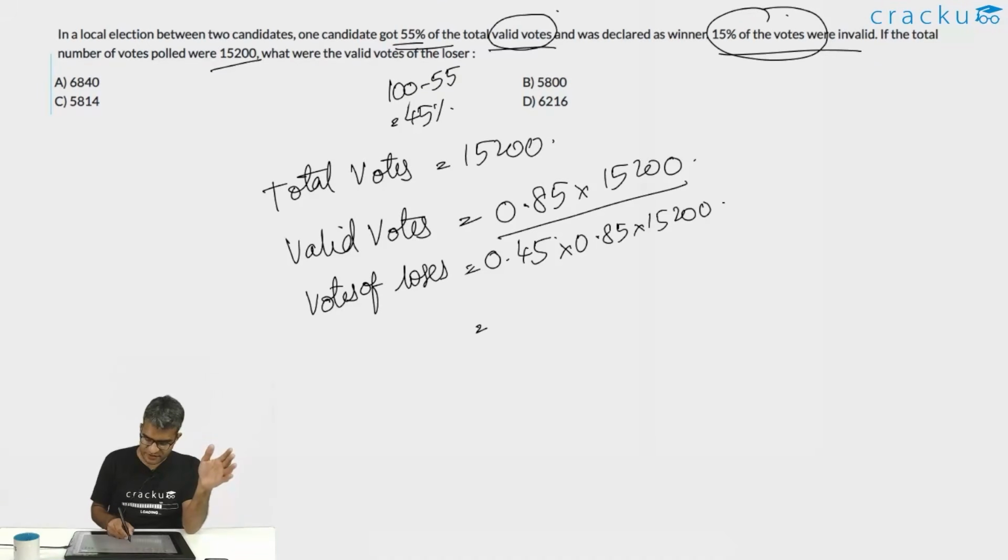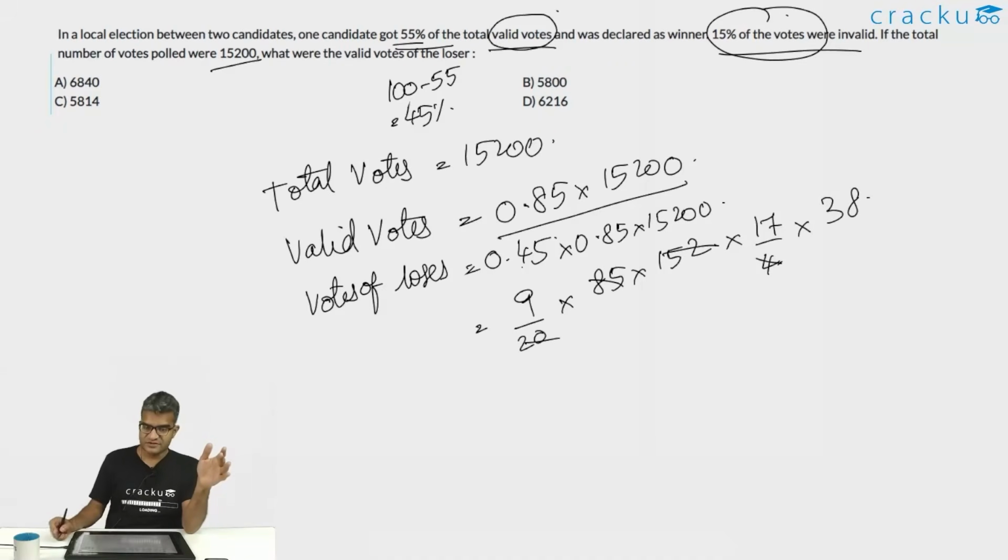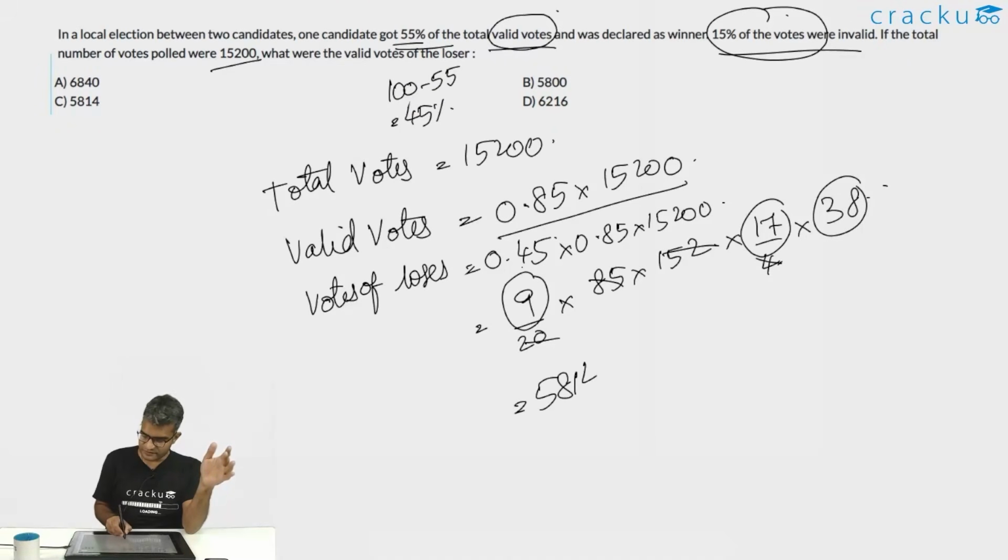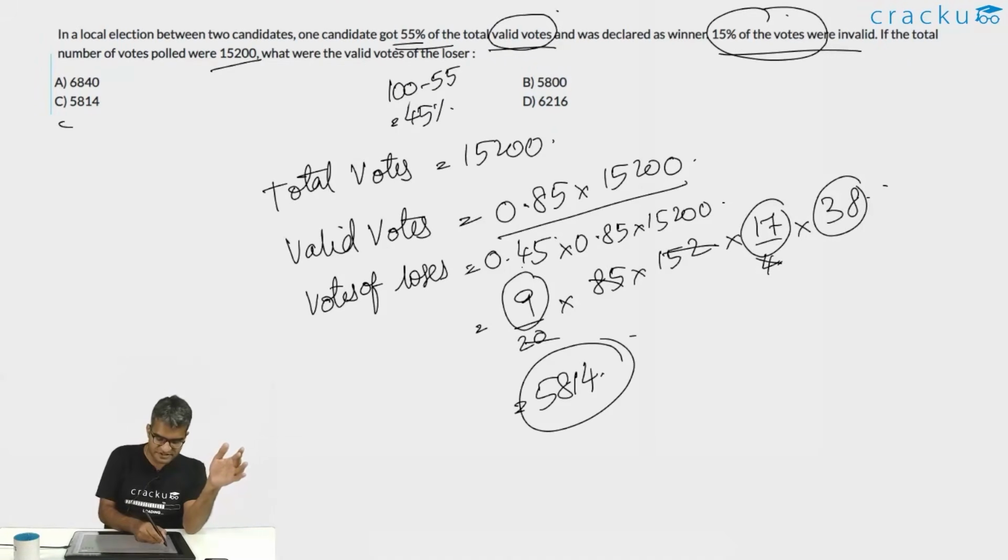This is equal to 0.45, is 9 by 20, into 85 into 152. 85 by 20 is 17 by 4. 152 by 4 is 38. So the correct answer is 9 into 17 into 38, which is equal to 5814. So the correct answer is option C.